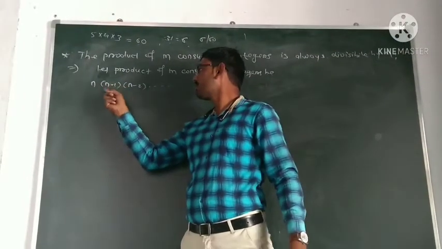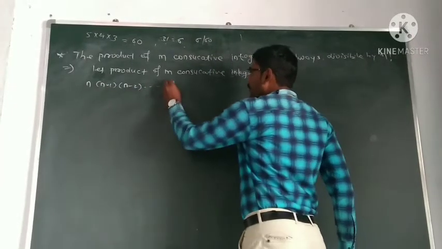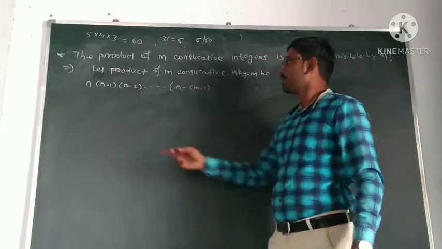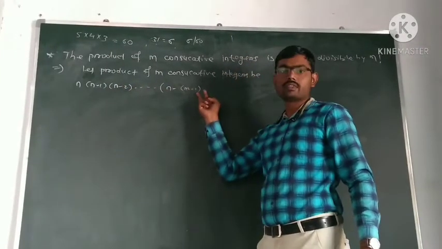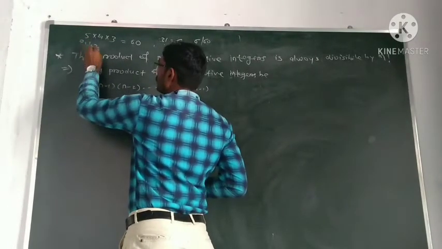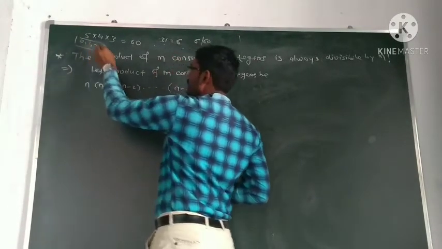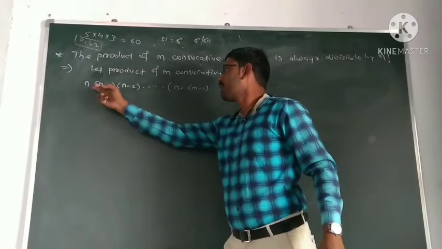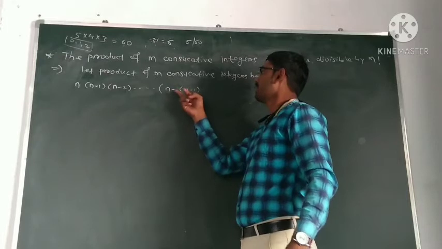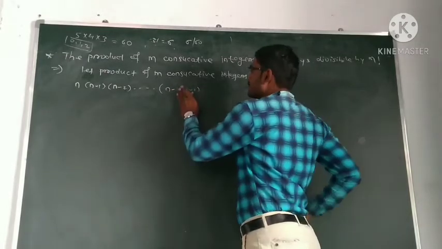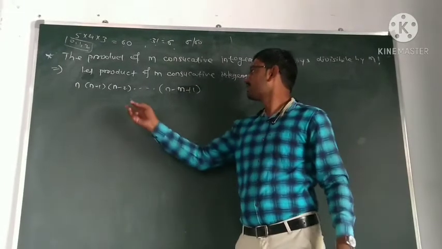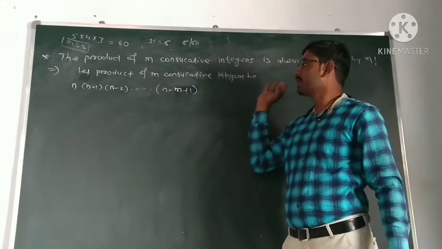So n minus 0, n minus 1, n minus 2, up to n minus (m minus 1), because 0, 1, 2 up to m minus 1 are m integers. So the last one is n minus m plus 1.